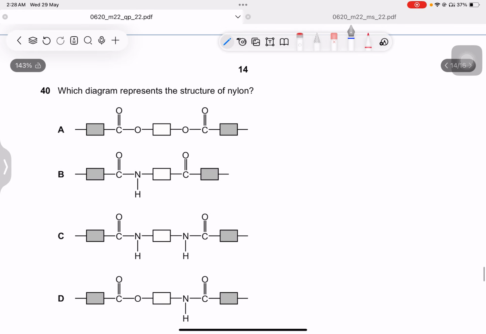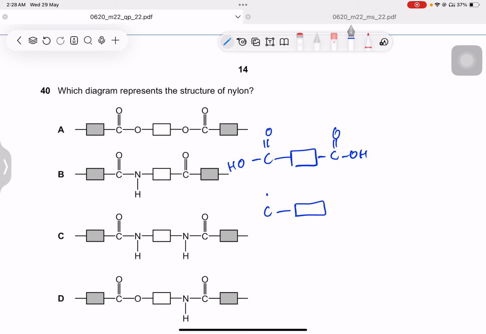40. Which diagram represents the structure of nylon? So the monomer of nylon is like this. This is the carbon chain. This is the acid group, and this is another monomer containing a diamine group. So this is a diamine.